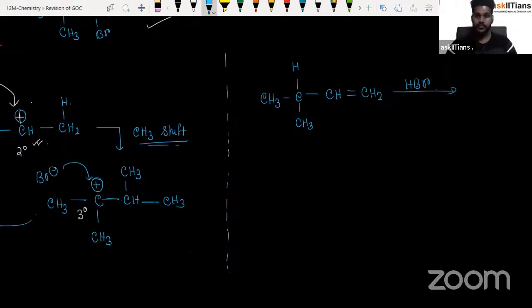Follow the mechanism. If you just try to remember the Markovnikov rule and all, it's not going to help you. Follow the mechanism always. That is always going to help you.